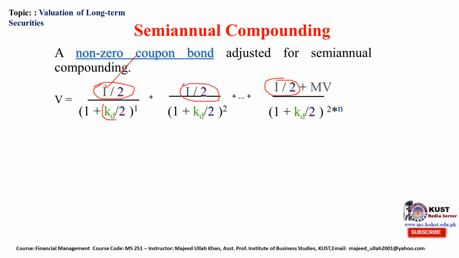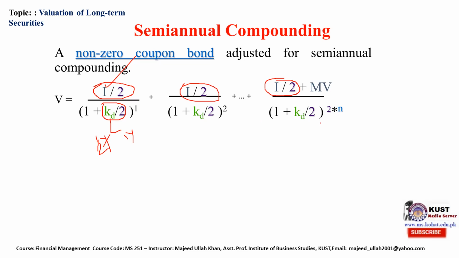Similarly, the required rate of return will also be divided by 2. We will halve the required rate of return because first this return was for a year, now it is for 6 months.